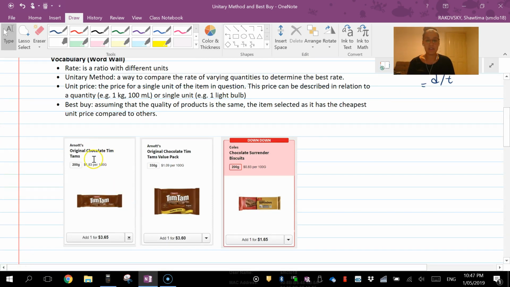So for example here, the maths has already been done for us. We can see you've got three different types of Tim Tams, or chocolate sandwich covered biscuits, or whatever you want to call them.